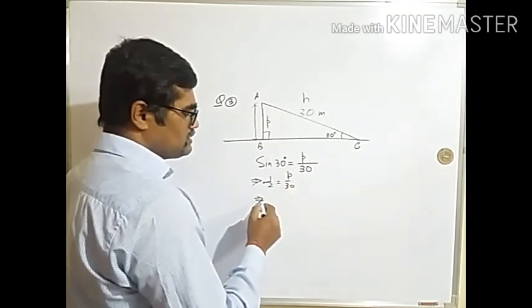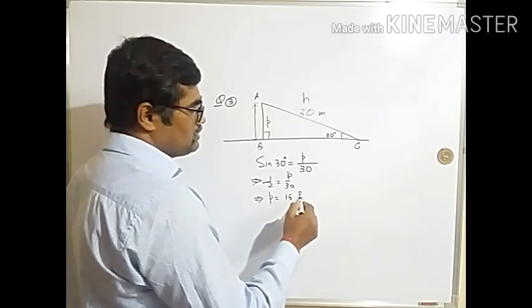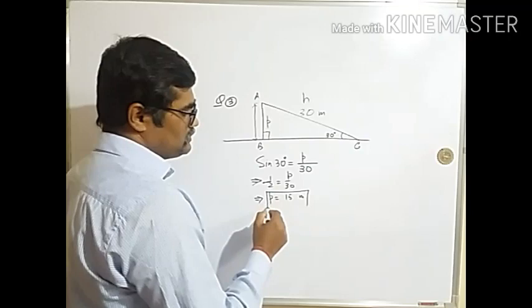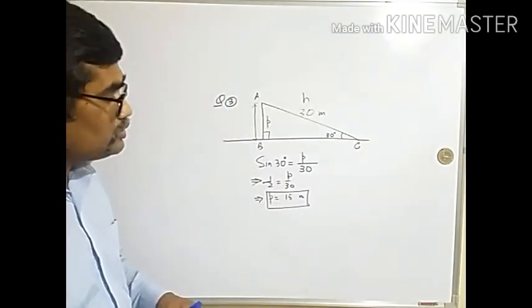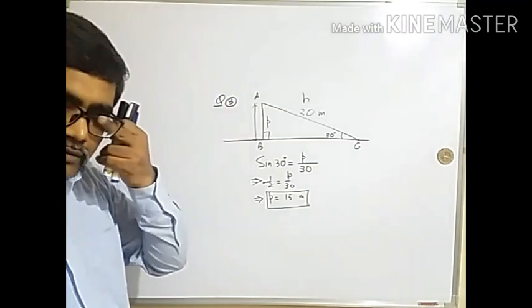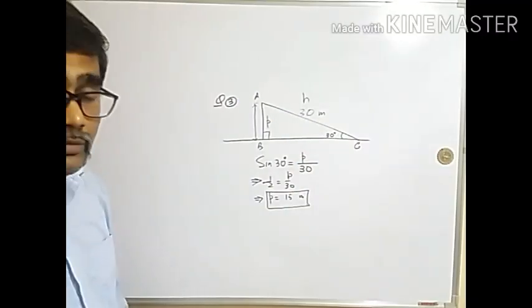Then you solve it, you will be getting p equal to 15 meter. 15 meter is the height of the point to which that particular performer will reach, right? Once it will cover a distance of 30 meter.